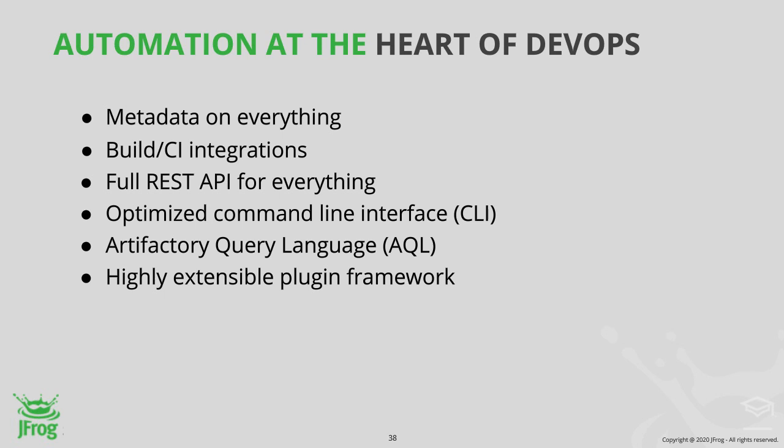There is also a CLI tool which is very optimized for some of the tasks. It is also using the REST API under the hood, but it gives you more complex scenarios and higher functionality use cases. There is also the Artifactory query language, which we will see in a minute, and the plugin framework that I've mentioned that we won't cover today.